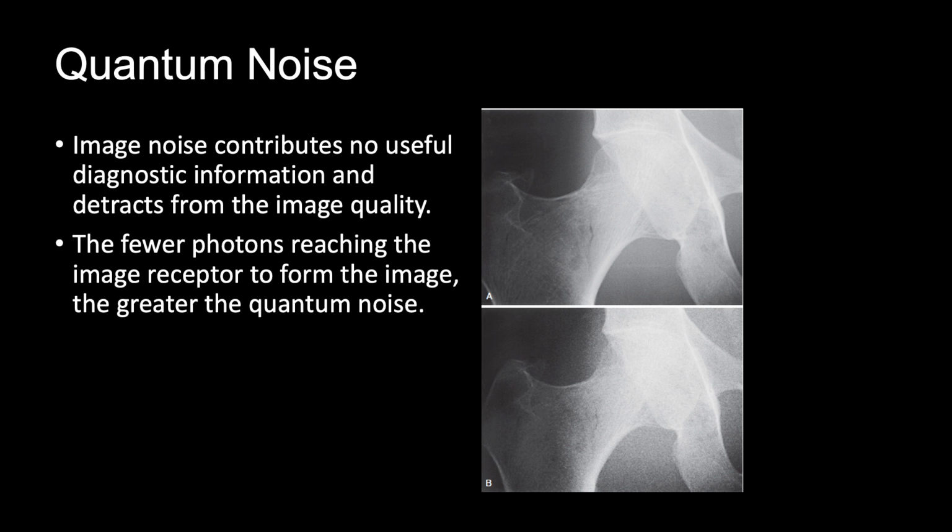And you can see that in image B, it's very grainy. Right here, you can see all this graininess. Whereas in A, it's clear and there's no graininess.